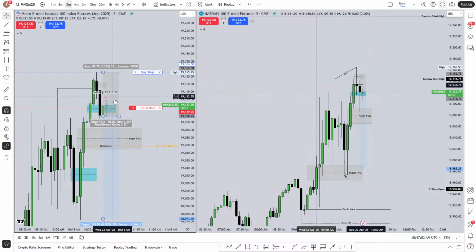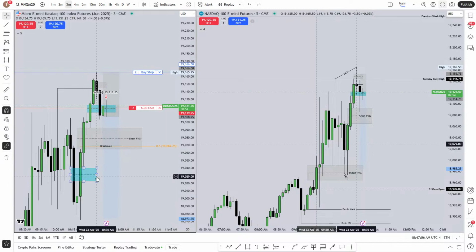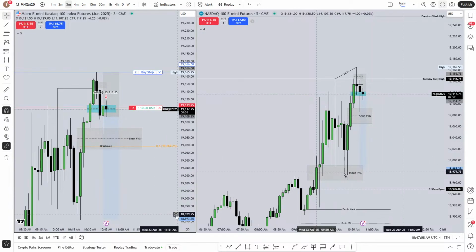So we have this. If we inverse this 3 minute right here, then I would honestly close my position early.